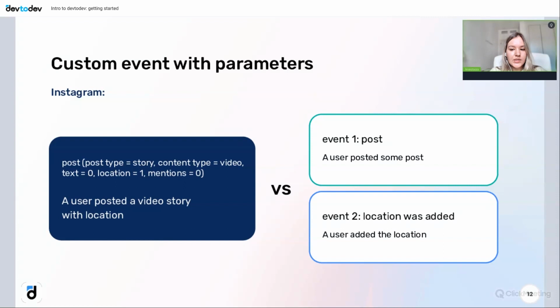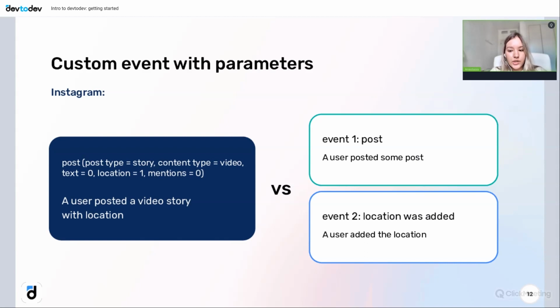And in this case, we wouldn't be able to analyze the data together and wouldn't gather a complete picture, because we would simply have data that a certain number of posts were made, but it wouldn't be clear what kind of post exactly, or we wouldn't know for which posts users added locations.